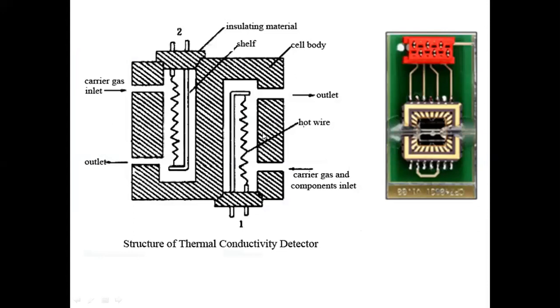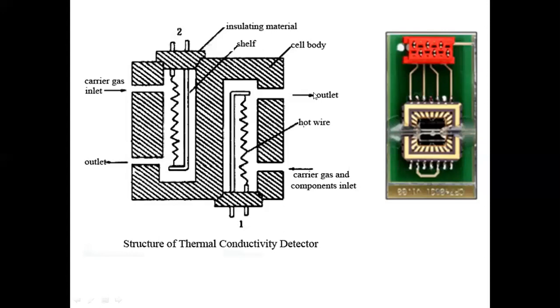So this thermal conductivity detector functions based on the principle that you take a hot body. When a hot body loses heat, then definitely there will be variation in the thermal conductivity.